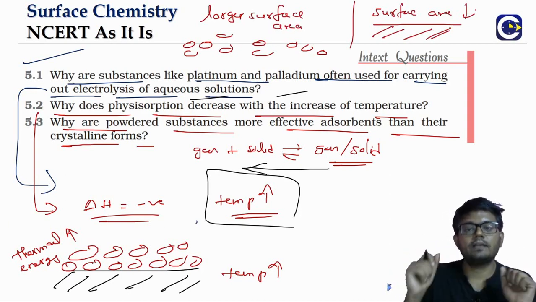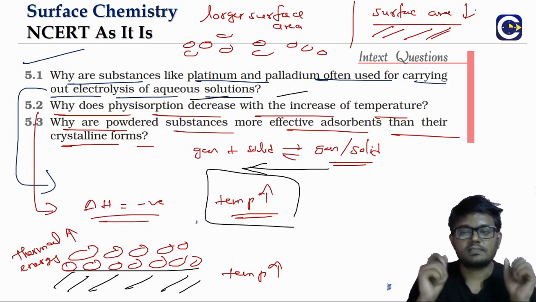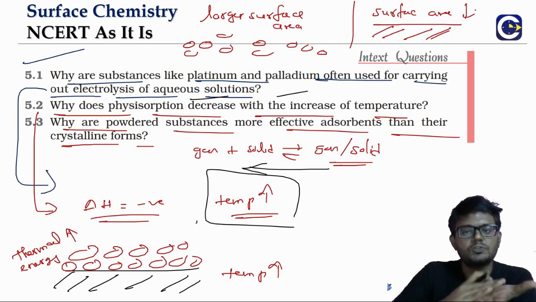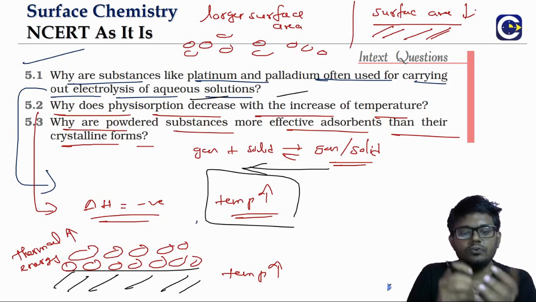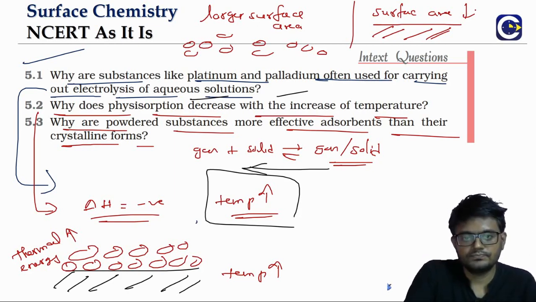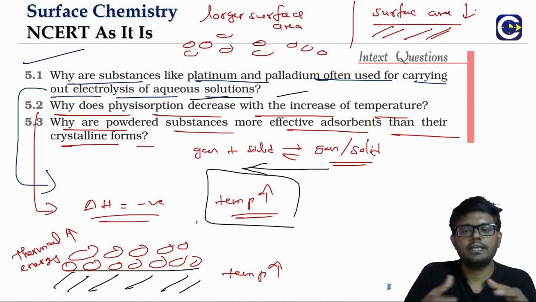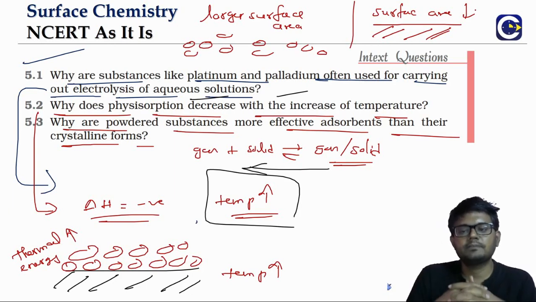So the finely divided form or powdered form is more porous. If it is a polished smooth surface, the contact area will be less. If you have a porous one, then the contact area will be more. So adsorption rate will always be favored with higher contact area. More contact area means we can have more adsorption happening.